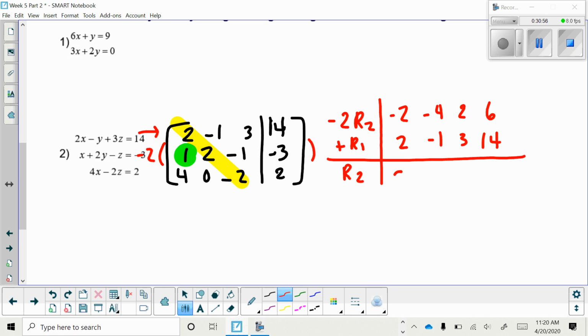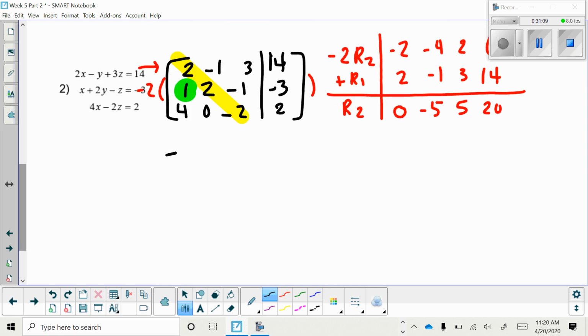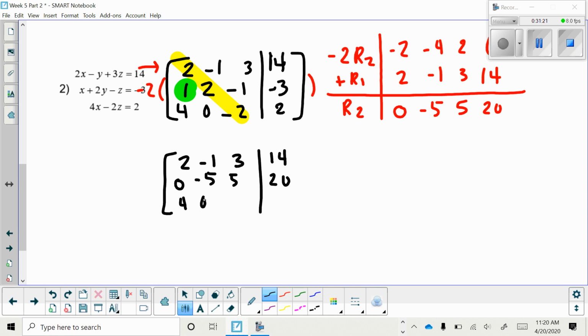So I got nothing here. I've got -5, +5, and 20. This only replaces my row 2. The other 2 rows are going to stay the same. My new row 2 is 0, -5, 5, and 20. And row 3 stays the same.